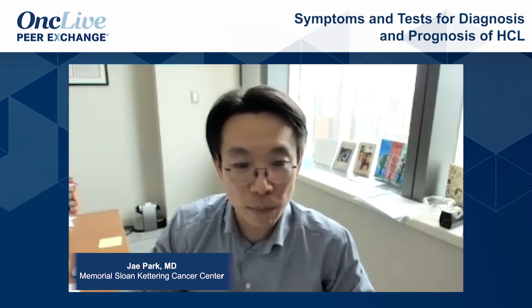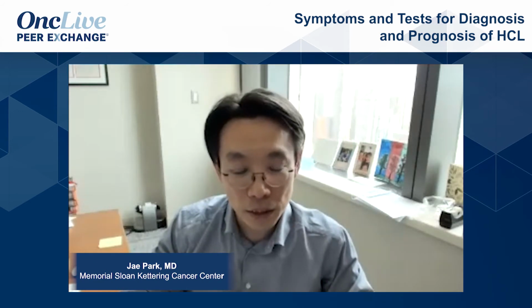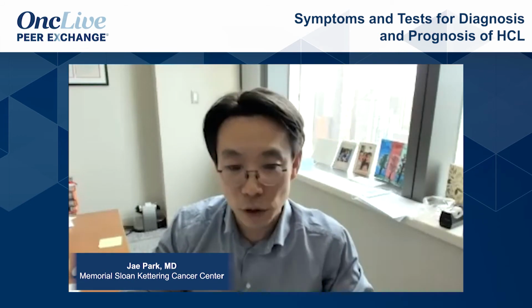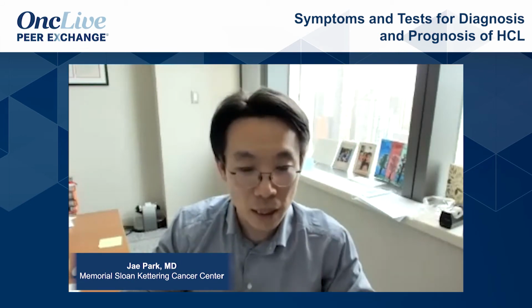Dr. Sabin, you talked a little bit about the prognosis of patients with hairy cell leukemia. We've spent some time on clinical presentations and diagnostic workup. When we see them, is there anything we can share with our patients about how they're likely to do, in terms of genetics, age, or anything else you consider?